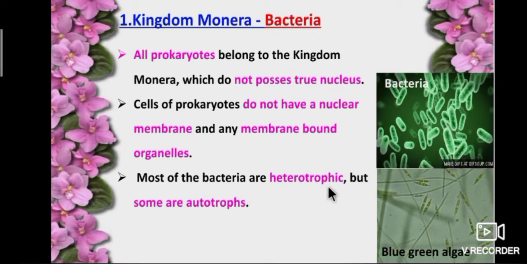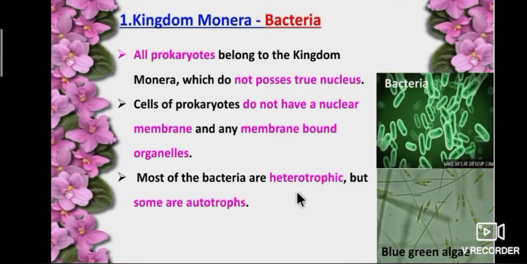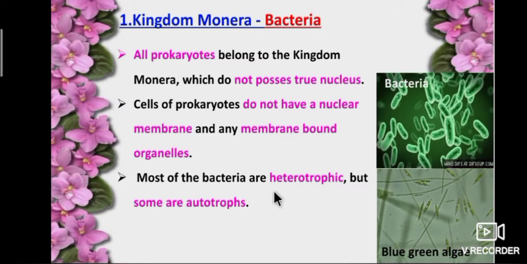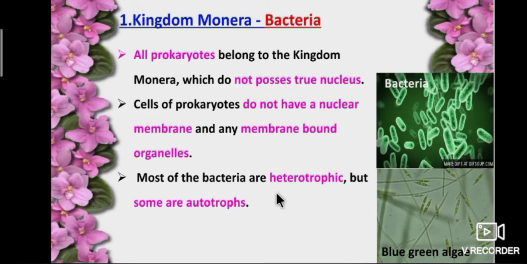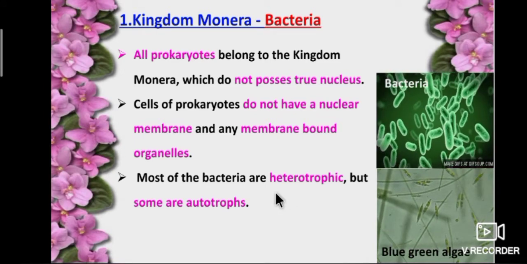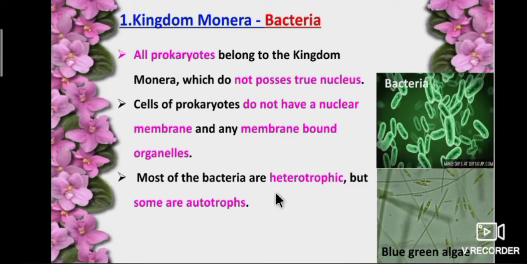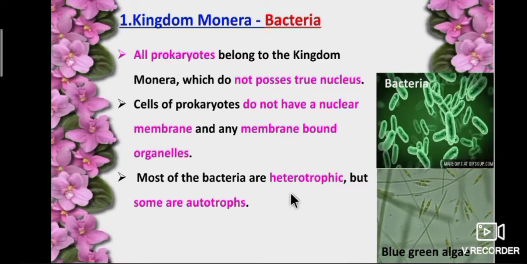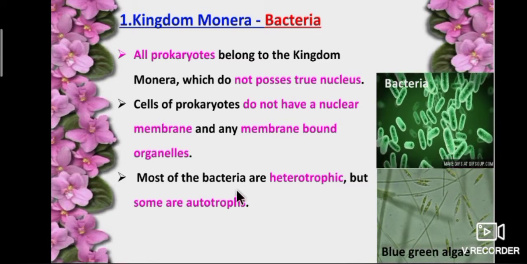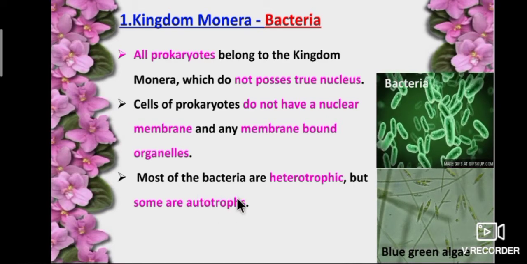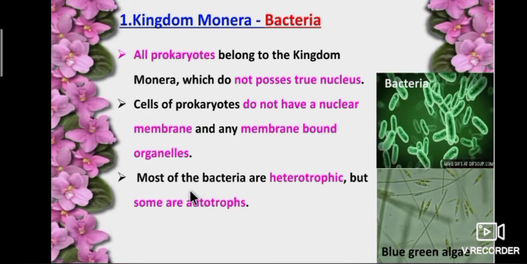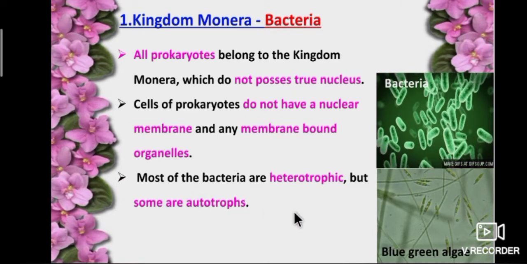What is heterotroph? Heterotrophs means it cannot produce its own food. This organism requires complex organic compounds of nitrogen and carbon for metabolic synthesis. What is autotrophs? Autotrophs means organisms that can produce their own food.